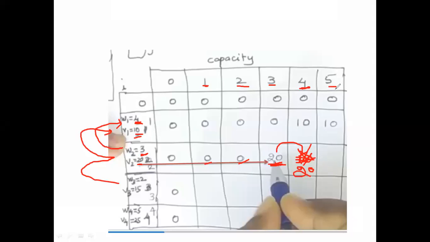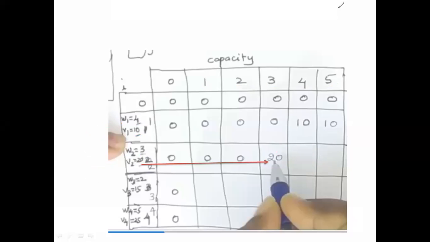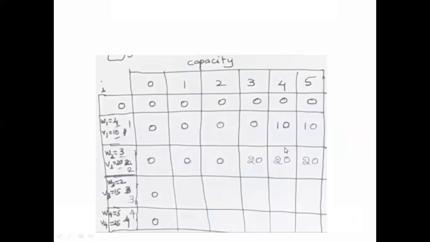Next, 5 kg. Already for 5 kg, 4 kg is there, 3 kg is there. So when we are filling the 5 kg capacity, we have to consider the previous also. It is 4 kg, now it is 3 kg.